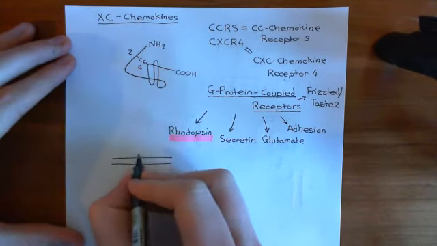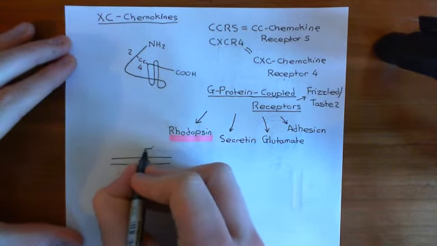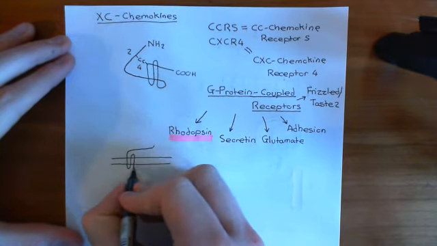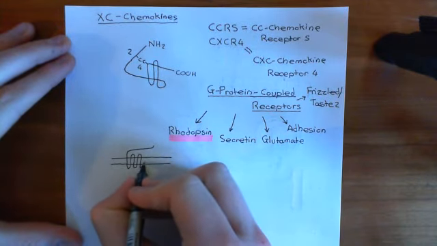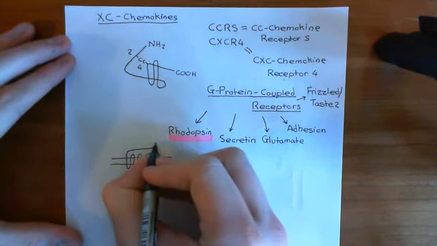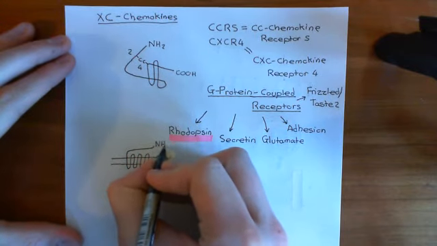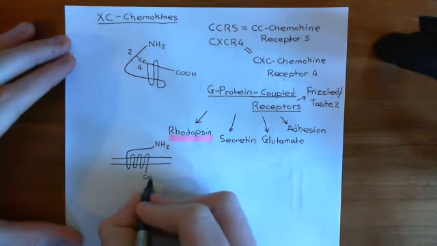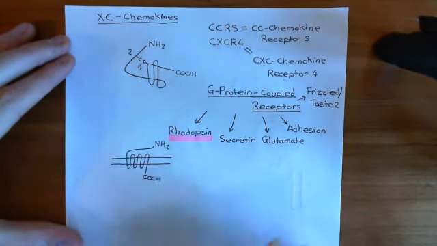Basically, rhodopsin G protein coupled receptors have a very simple structure. They have a very small amino terminal domain that's extracellular. Then they have 7 membrane-spanning alpha helices, the typical structure for a G protein coupled receptor, and then a small carboxylic acid terminus as well.